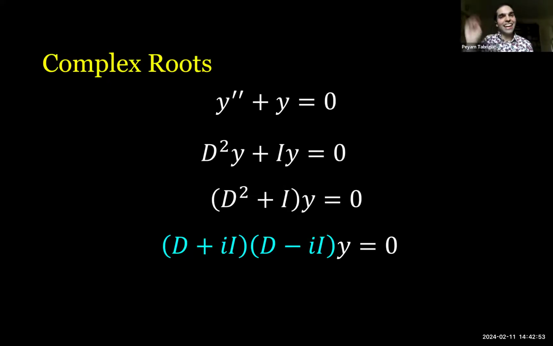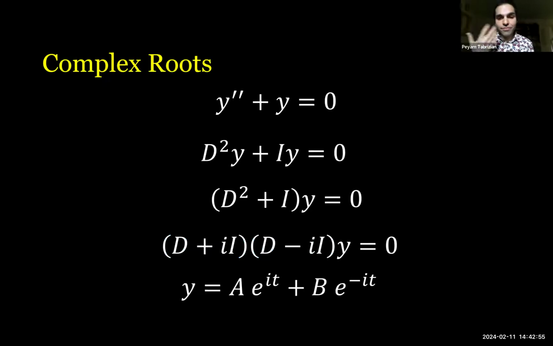And if you do the same spiel as before, you do get this time complex exponential solutions. So still ae to the it plus be to the minus it. And just as before, we just want to write this in terms of real and imaginary parts.